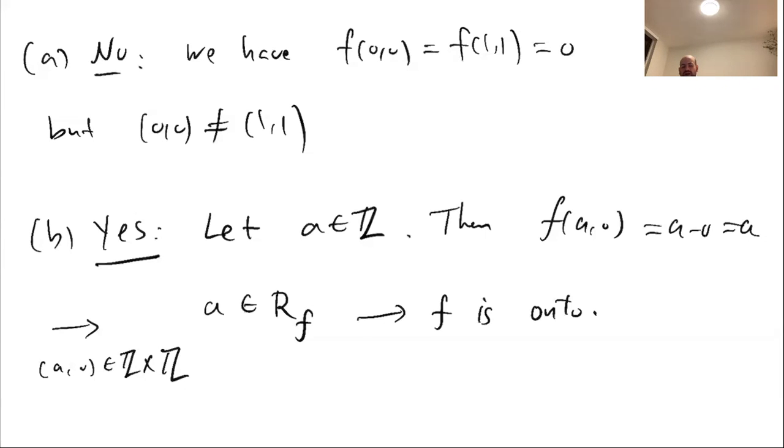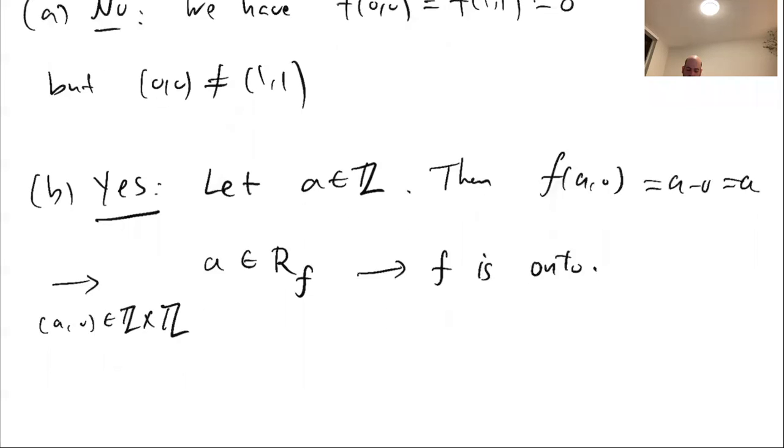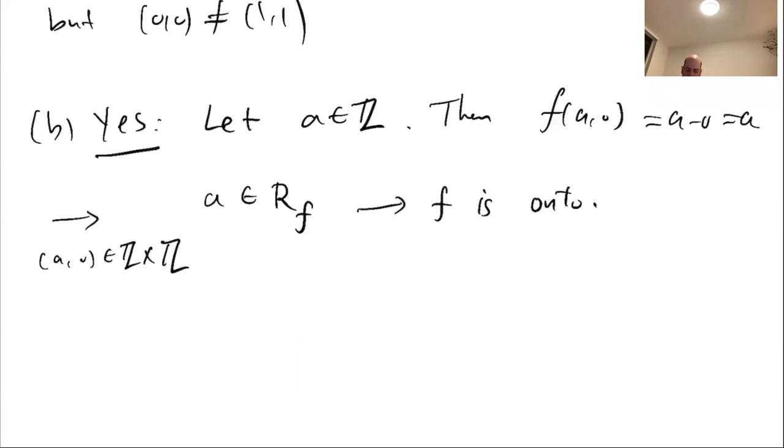Now, did I have other choices other than a and 0 inside the domain? Well, yes. For example, if I say a plus 1 comma 1, f of this is a plus 1 minus 1, which is also a.